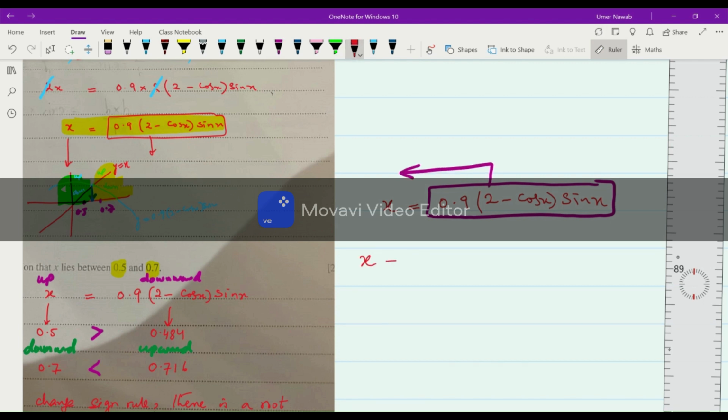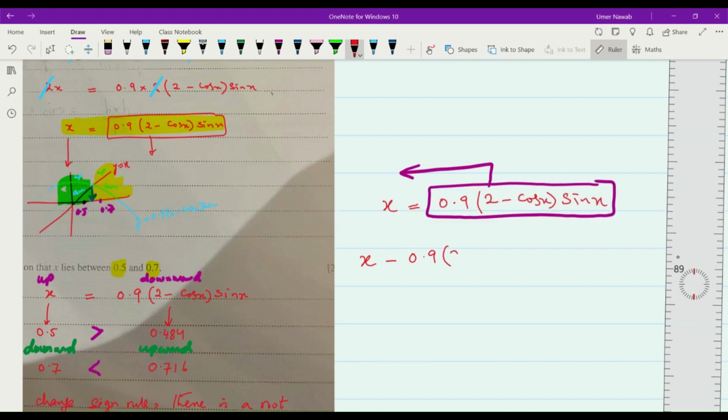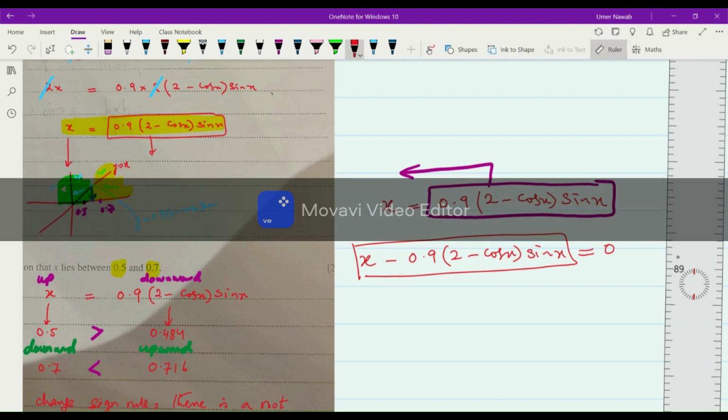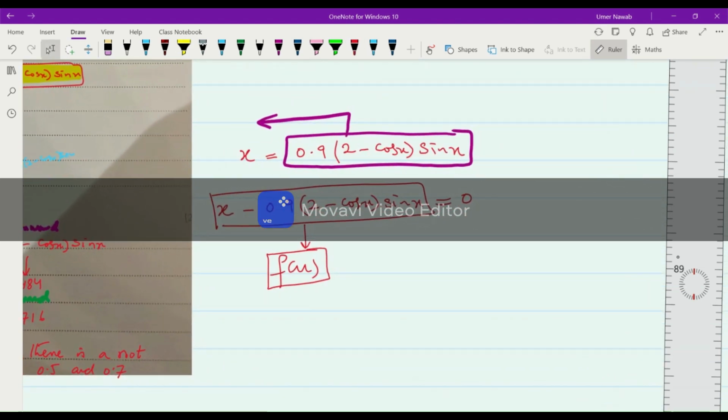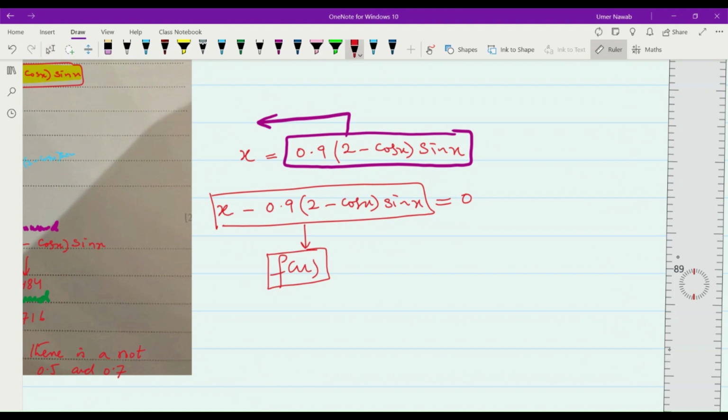I'm going to write here x minus 0.92 minus cosine of x and sine of x. Now basically you are going to get an equation whose left hand side is f of x. I'm trying to find the value of f of x for two inputs. I'll try to find f of 0.5 and I will also try to find f of 0.7.